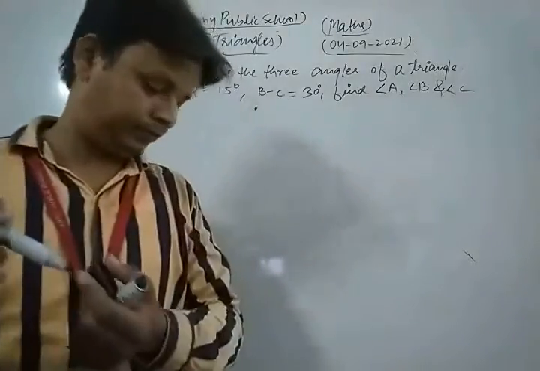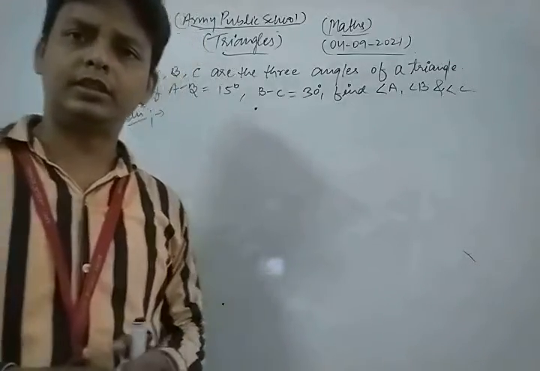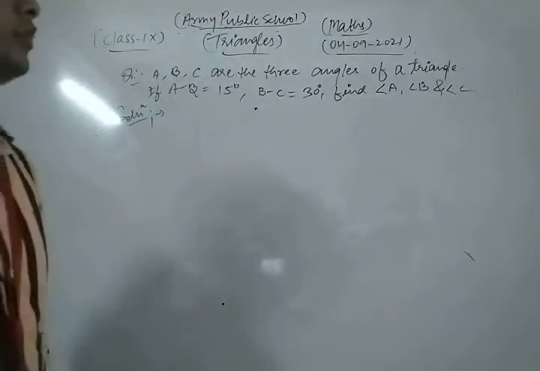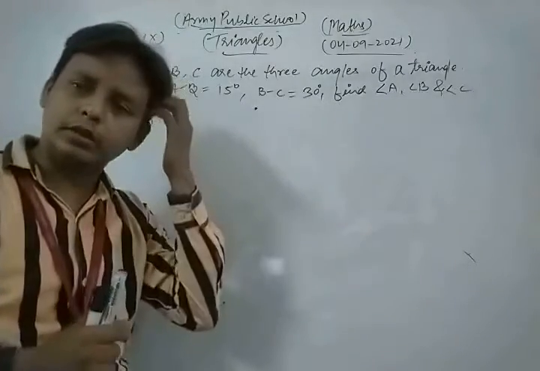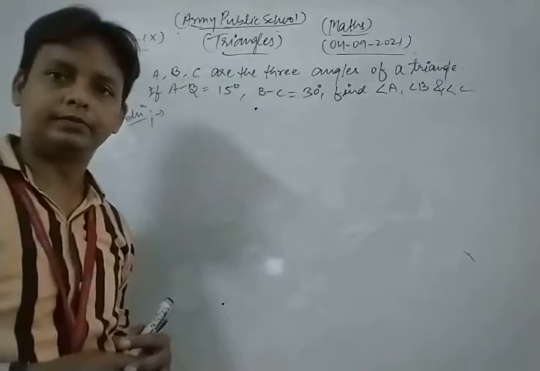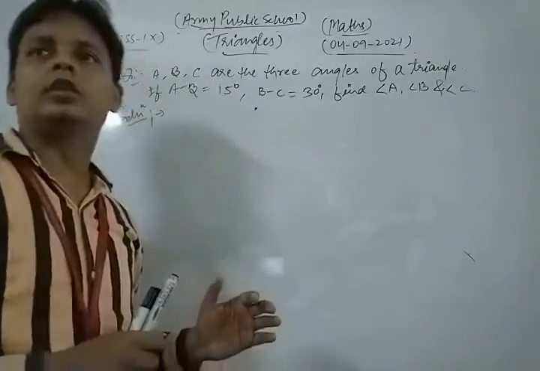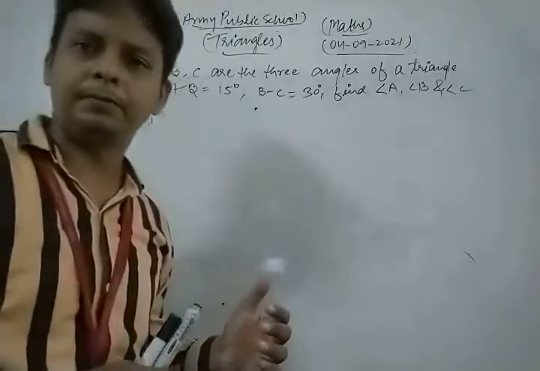So dear students, this is one of the most important questions of your syllabus. So please do more and more practice of this type of question based on triangles, and then you can solve this type of question. Dear students, we solve this question with the help of the angle sum property of a triangle.